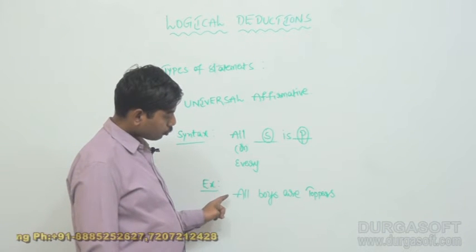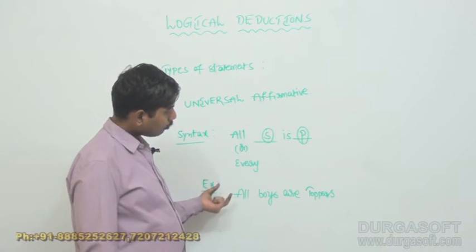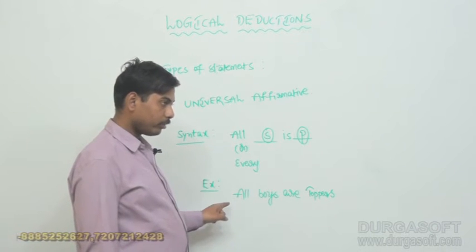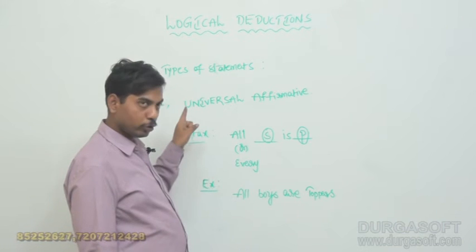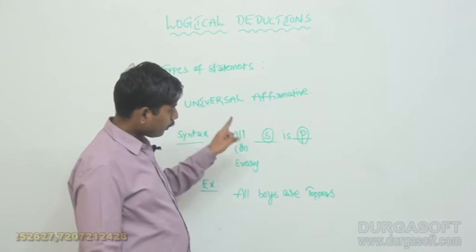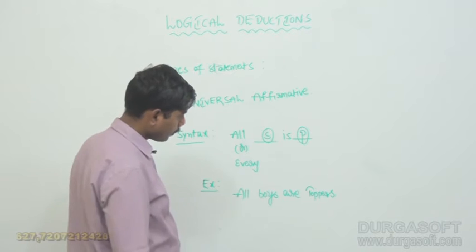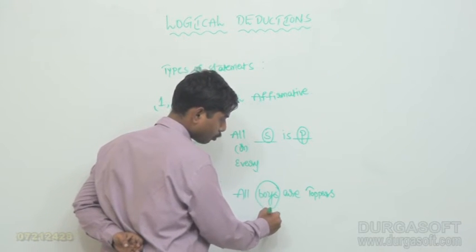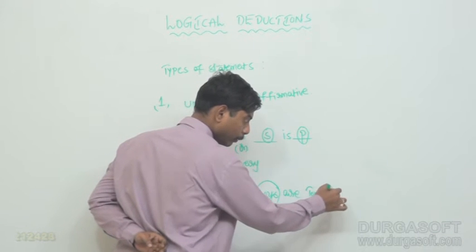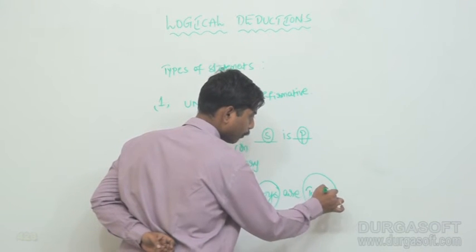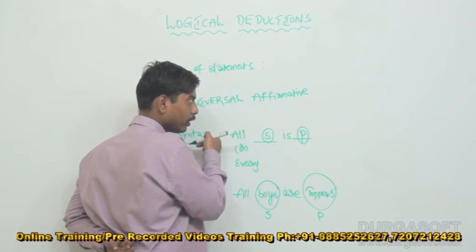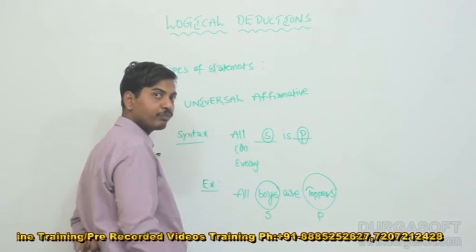This statement starts with the word "all". That is the reason this is the best example for universal affirmative. Here, what is the subject? What is the subject here, guys? Yes, boys is the subject. And what is the predicate here? Toppers is the predicate. So that is the syntax we have written for universal affirmative.